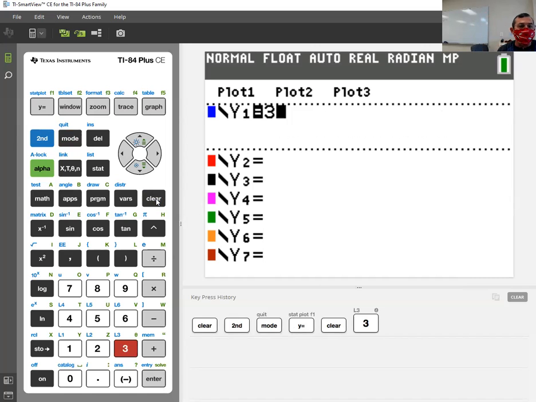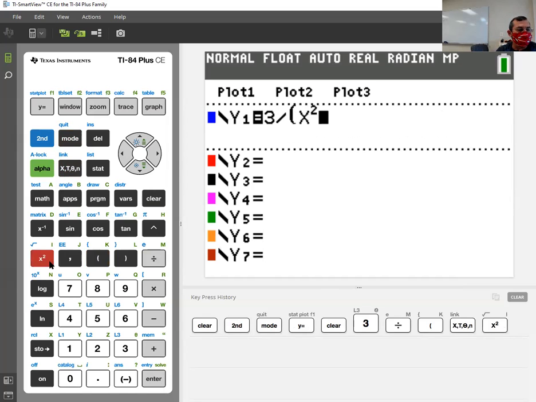So I'm gonna put my 3 and then divide. The bottom of this fraction does have more than one part, so I need to put that in parentheses. So put the bottom of your fraction in parentheses, and then that was x squared minus 64, and then close parentheses.